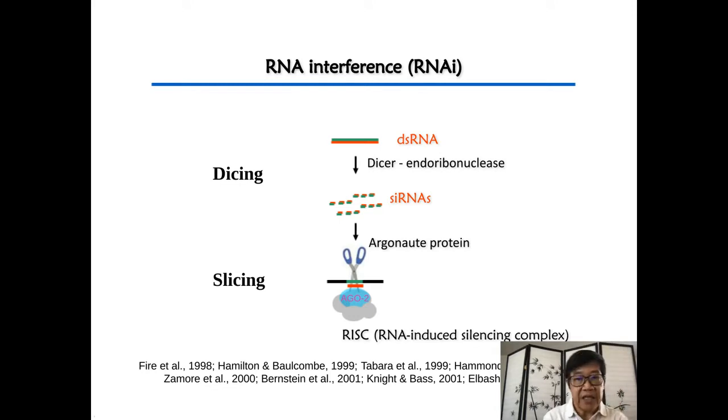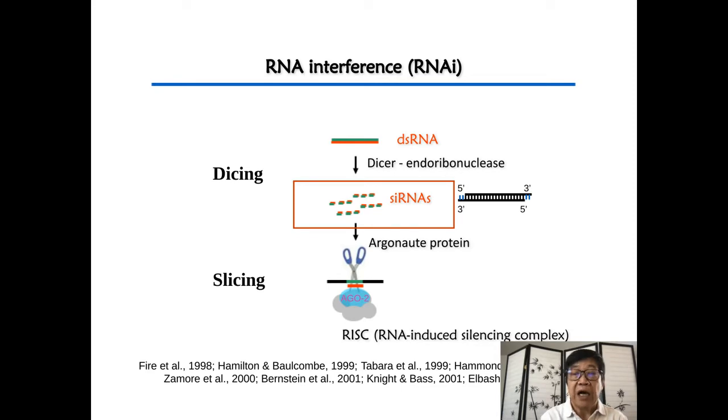In the second step, these siRNAs are loaded into the RNA-induced silencing complex, or RISC, in which the Argonaute protein is an essential component.